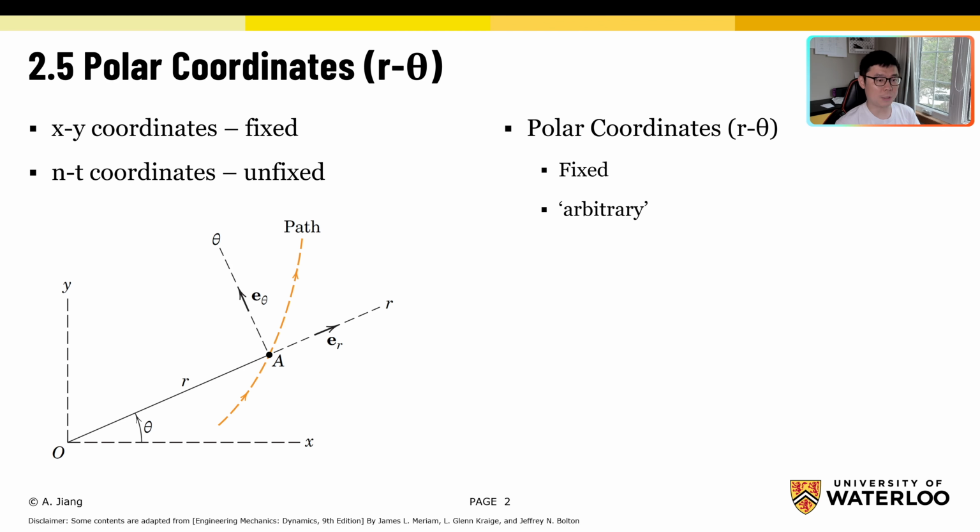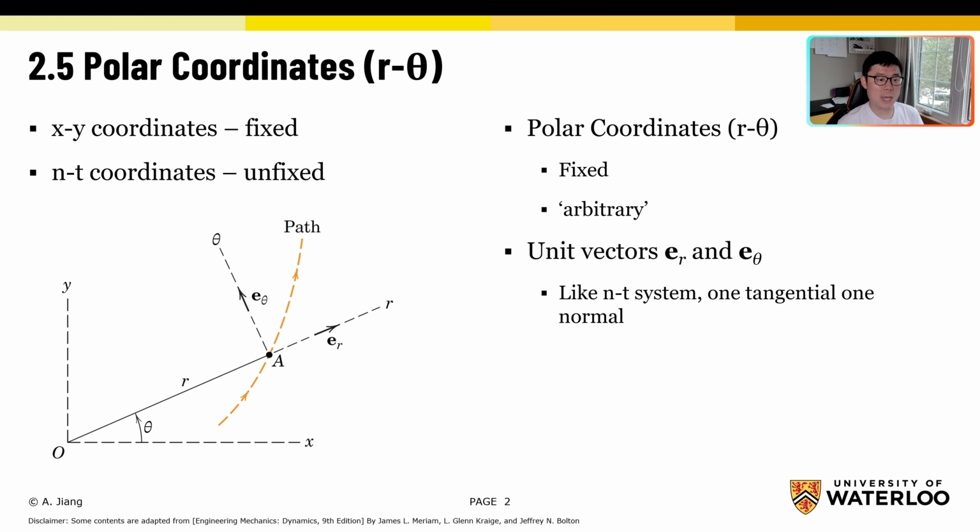Looking at the example here, one object moving along the path, we can arbitrarily select a fixed point O, establish the system to track the moving object by measuring the distance from O to A, so-called the radius r, and an angle theta measured from the positive x direction.